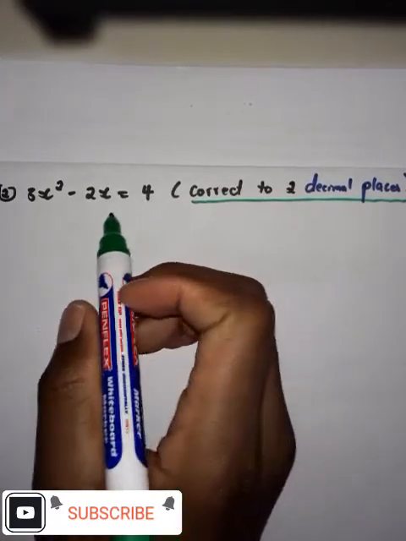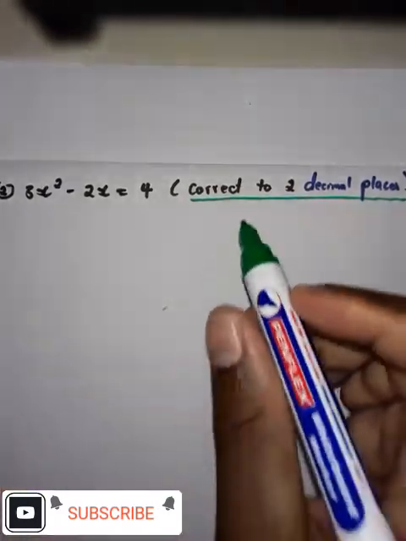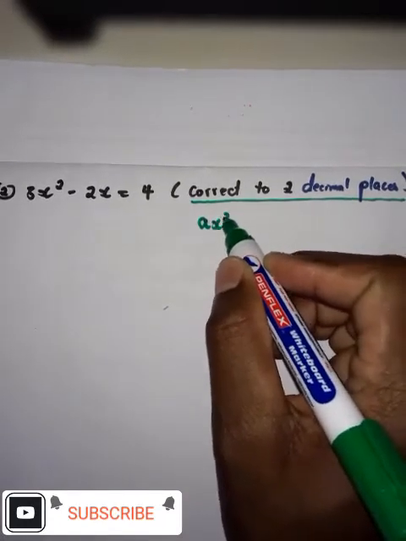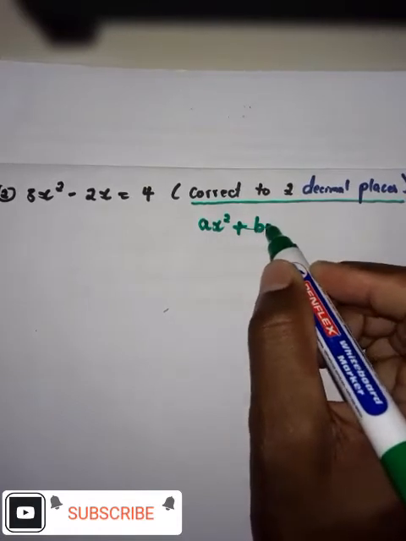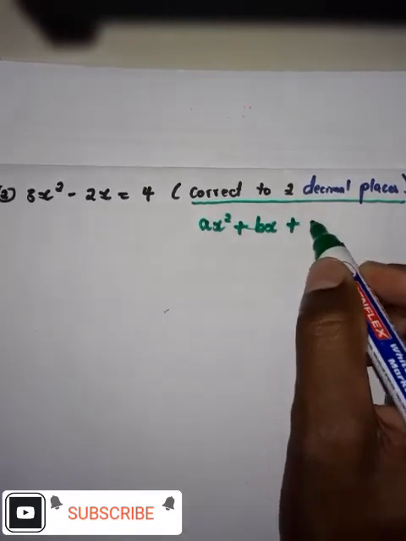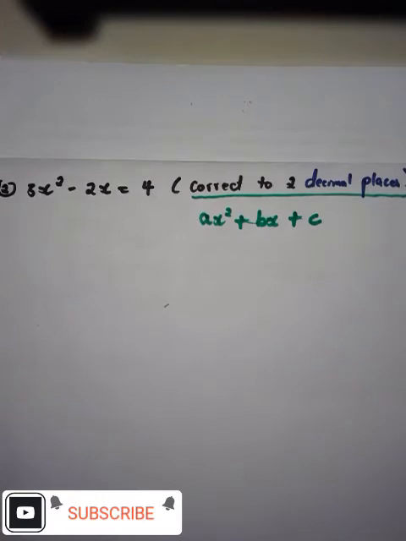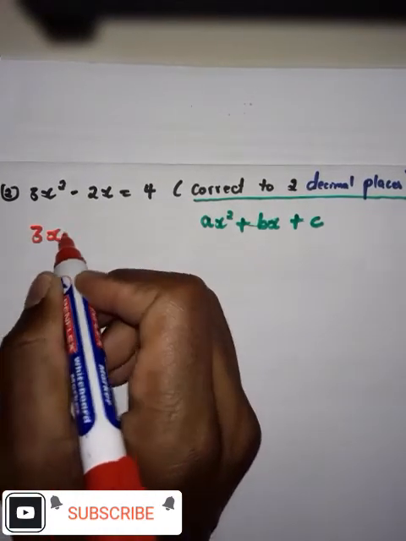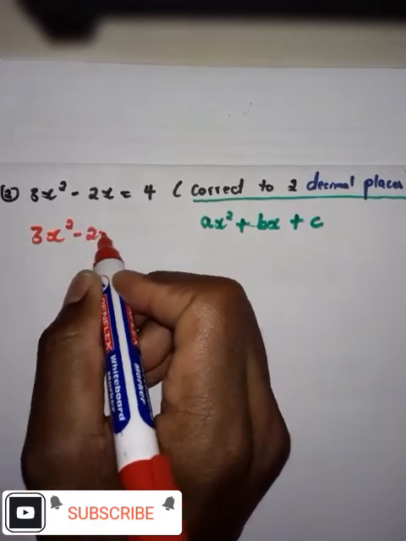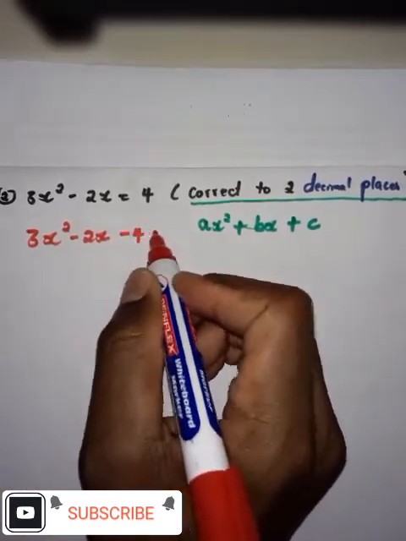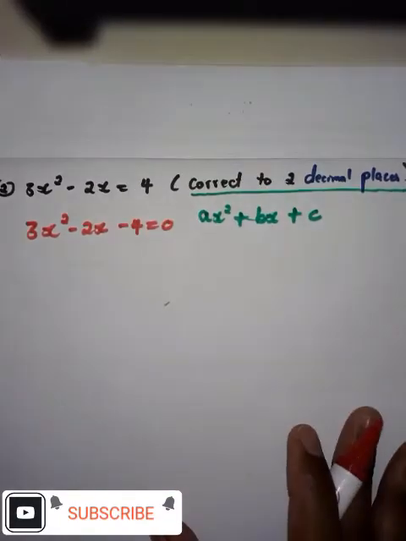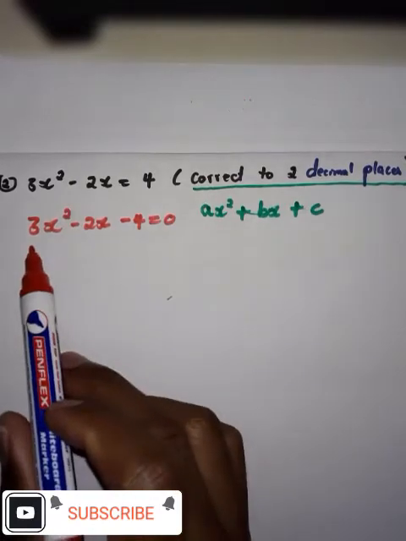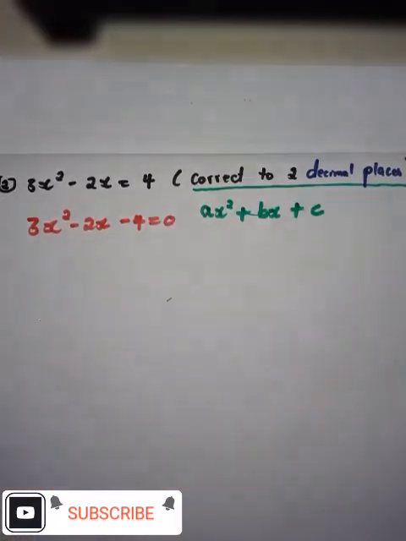First, let's rewrite this equation in standard form, because remember that a quadratic equation is given by ax squared plus bx plus c. So it's going to be 3x squared minus 2x minus 4 is equal to 0. There's no way you can find factors of 3x squared and 4 that give you 2x.